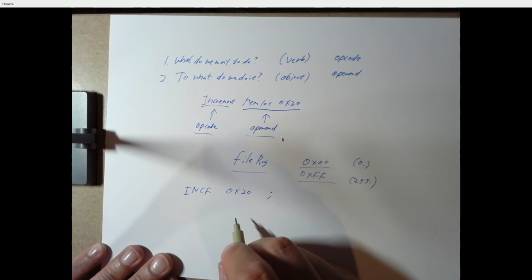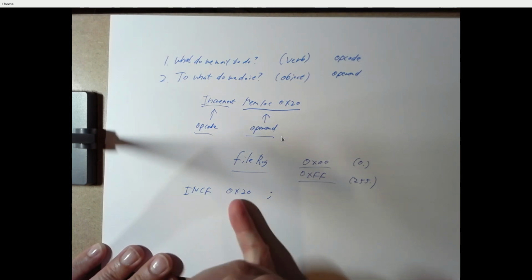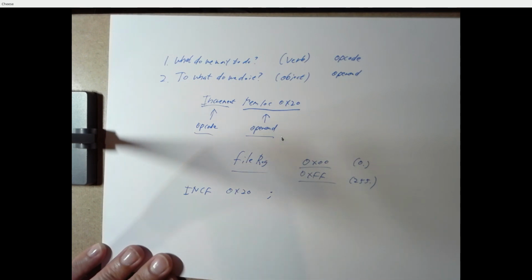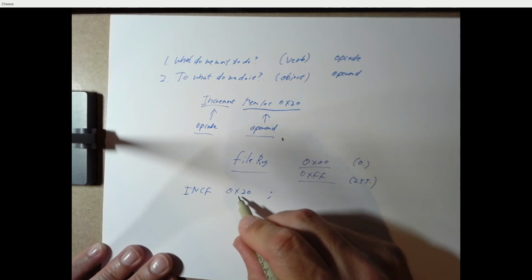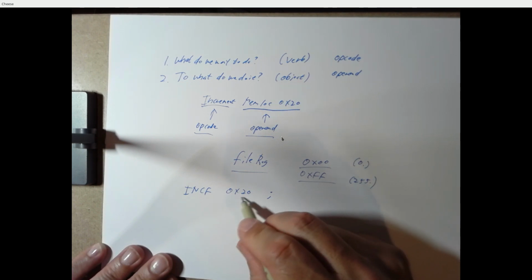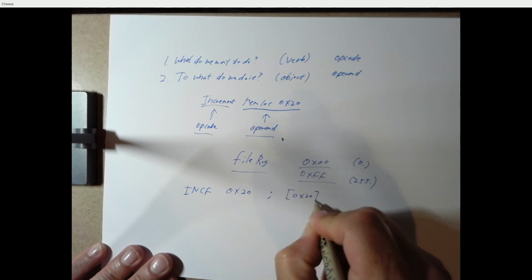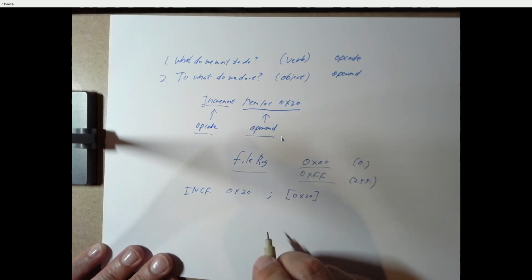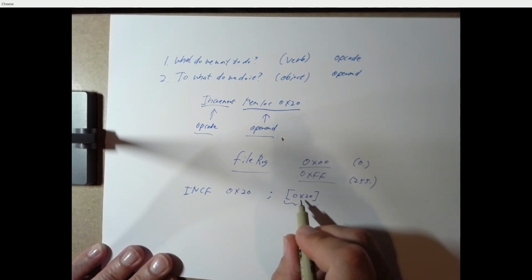So this is not the kind of comment you want to write, because this is just going to explain what this instruction means. But let me do that for the sake of illustrating this. So if we want to refer to the contents of memory location 20, here's one way to do that. We can write hex 20, but put it inside brackets. And this is a way of saying the contents of memory location 20.